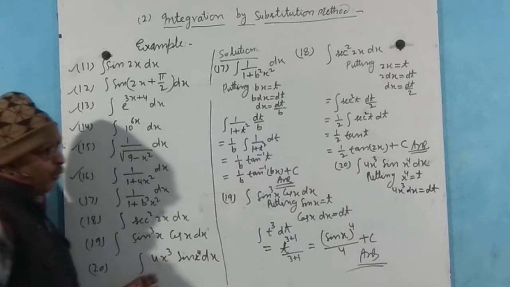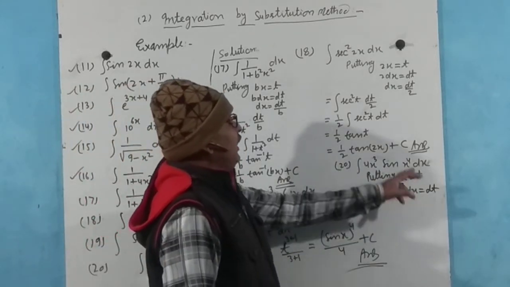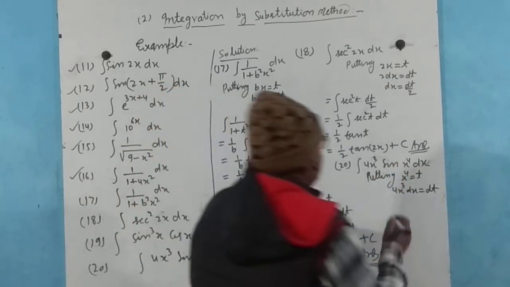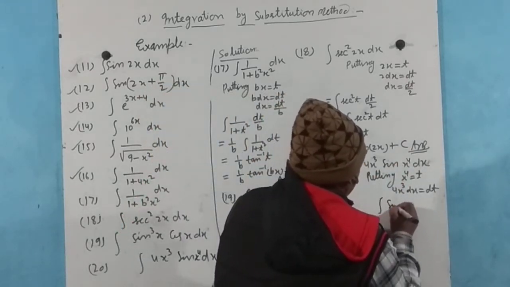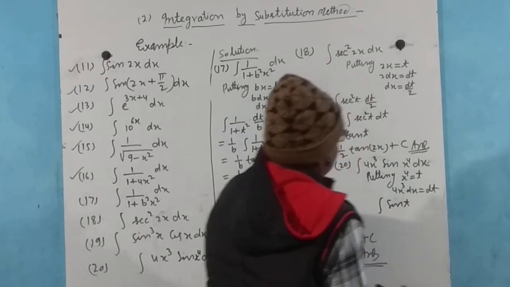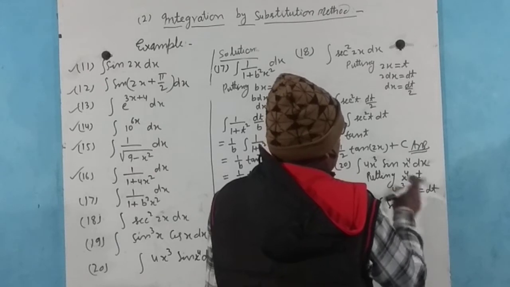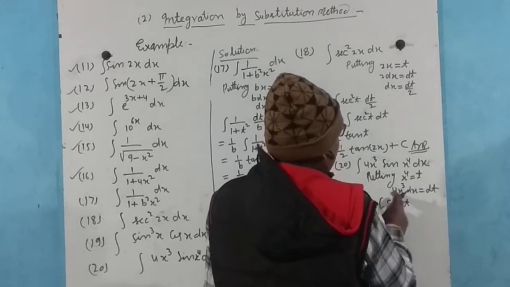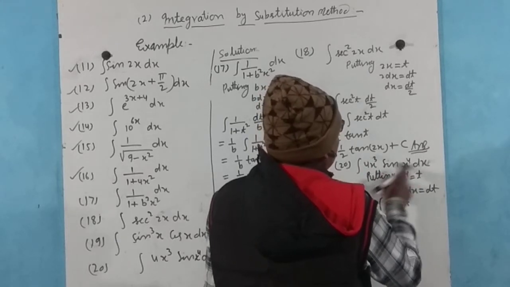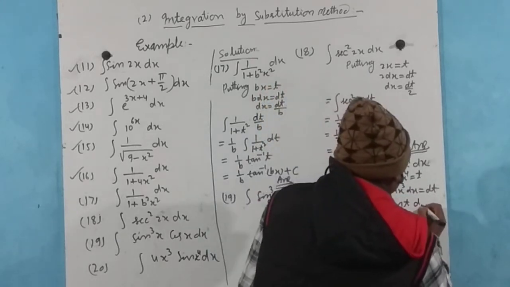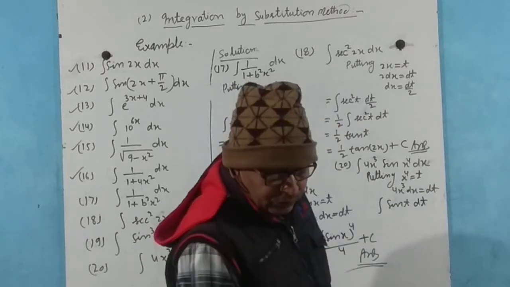Now 4x cube dx equal to dt and x to the power 4 equal to t, so this is equal to integration of sin t dt.